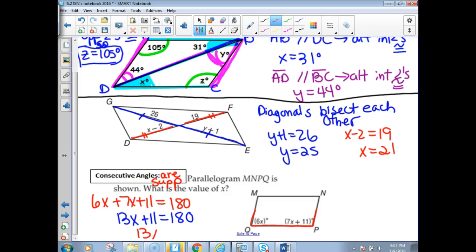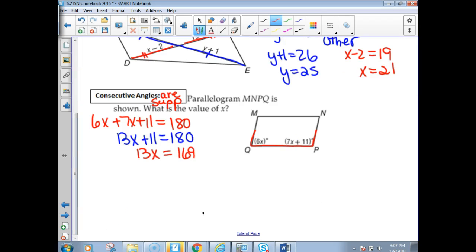Subtract 11. What's 180 minus 11? 169. And then you got to divide by 13. Should be 13. And if you wanted, you could plug back in and you could find out the measure of the angles. But all it asked for was the value of x.